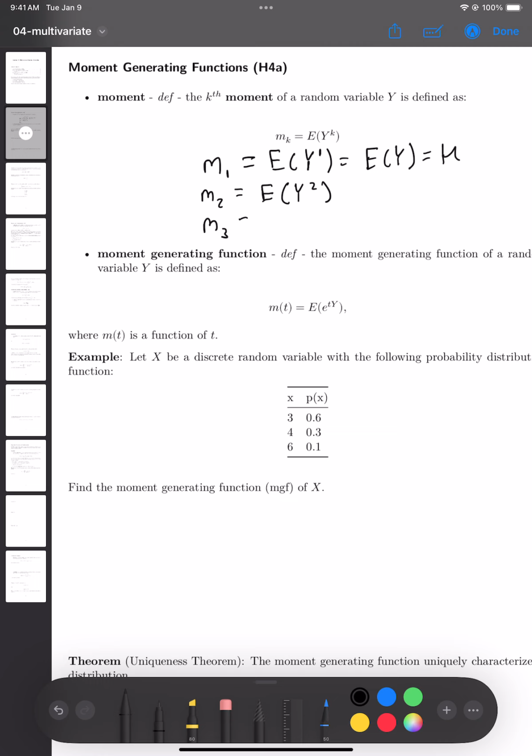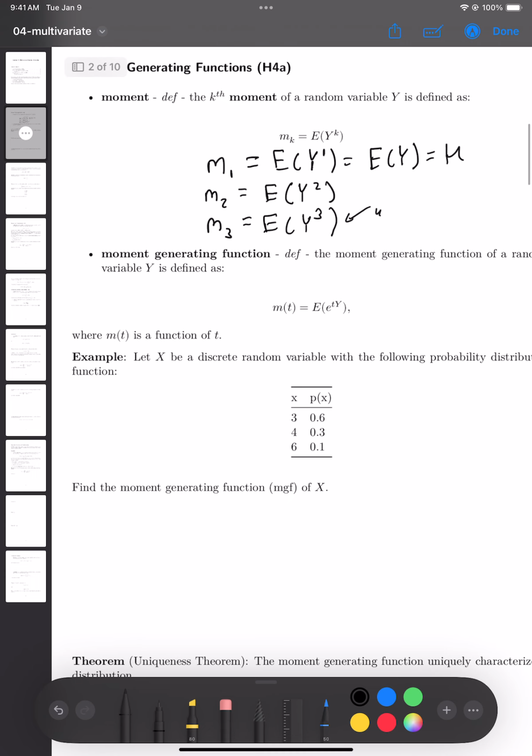So the third moment would just be the expectation of y cubed. We haven't really used this, but it can be used to define the skewness of a distribution. We aren't going to use it too much, but you could keep going and find the fourth moment, the fifth moment, etc.